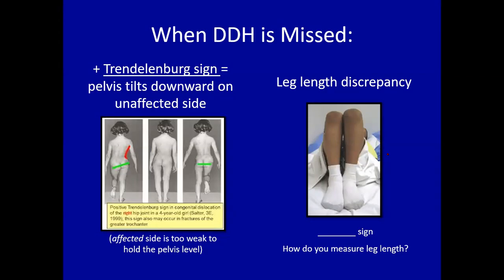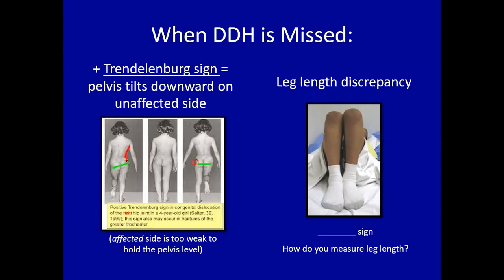When it's missed and they're older, there are some other signs. This Trendelenburg sign we talked about in some earlier lectures. Basically, the affected side is too weak to hold the pelvis. So on the hip that's dislocated, when they stand on that leg, they're going to get weak. In this girl here, she stands on the unaffected side and she's strong enough to hold this, so this hip's in the socket.